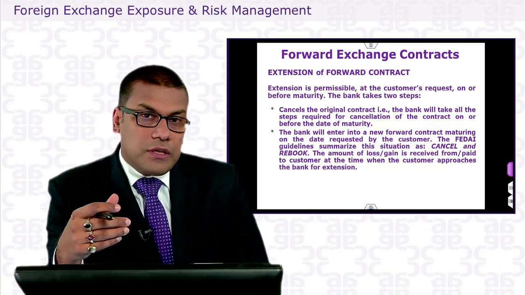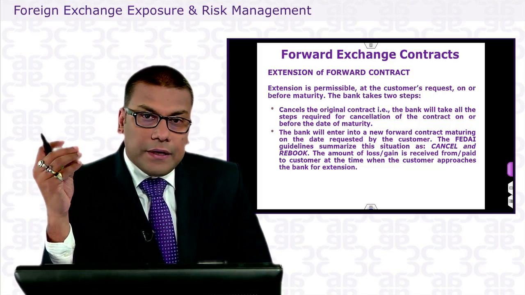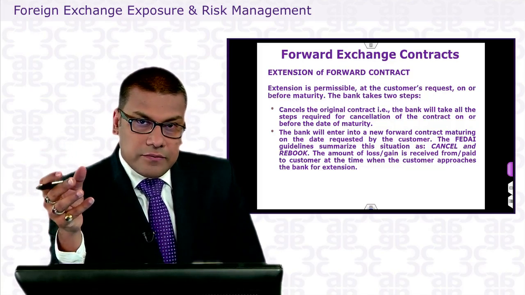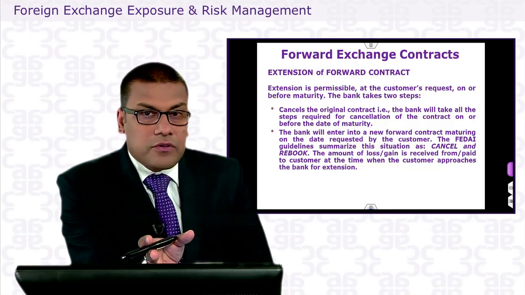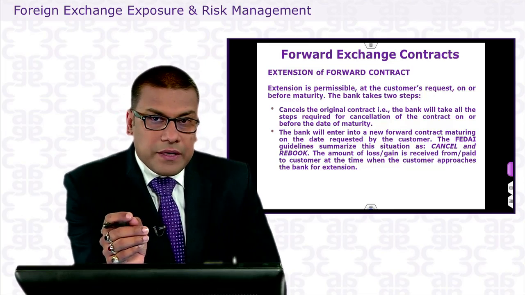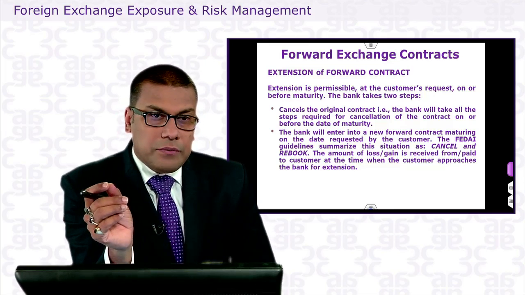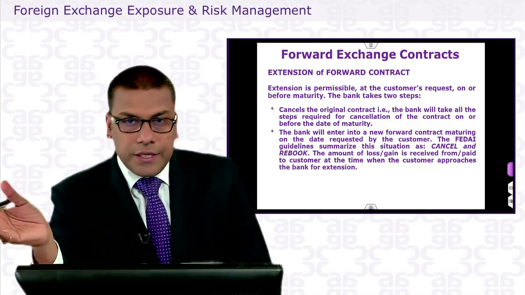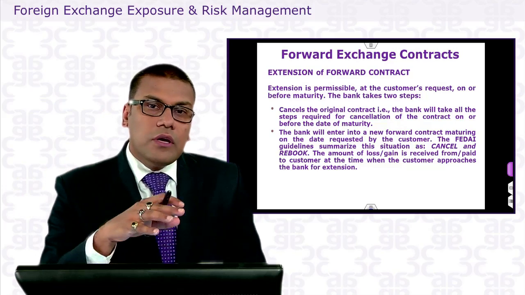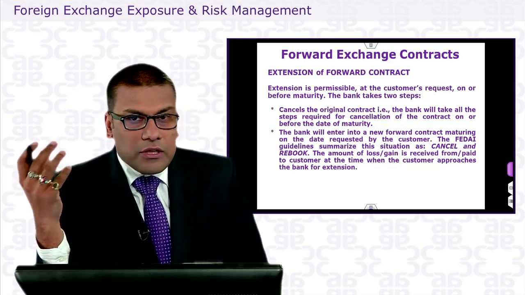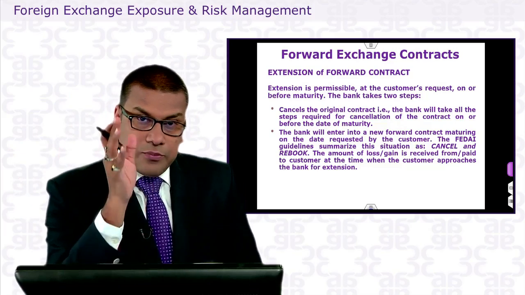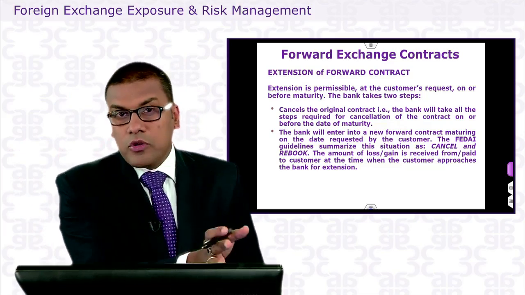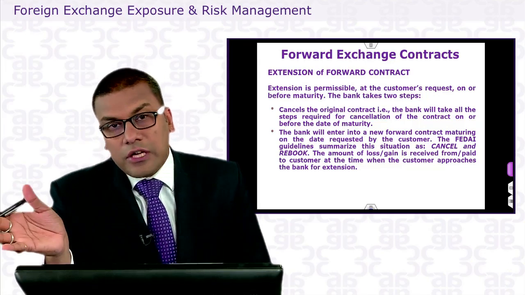So if you are approaching a bank as a customer and you request that I have entered into a forward contract of say purchase or sale for say a month expiry or month maturity, but then I have some reason to extend it. I have some requirement to extend it for another month or two. Okay, and at the same agreed price, that means the price that was entered when I took up the original contract, even the extended contract should have the same price.